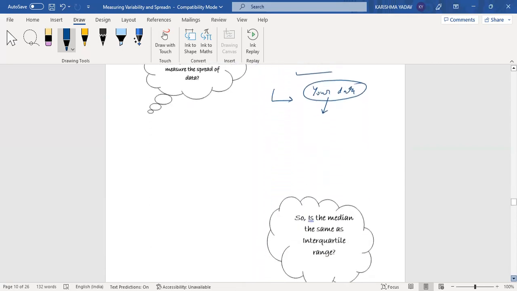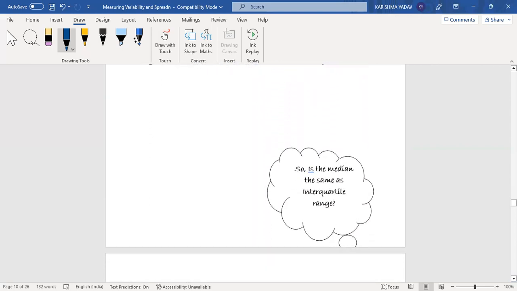Now what is the next question? Is the median the same as the interquartile range? The answer is actually no. What is the median? The median is the middle value of the data.